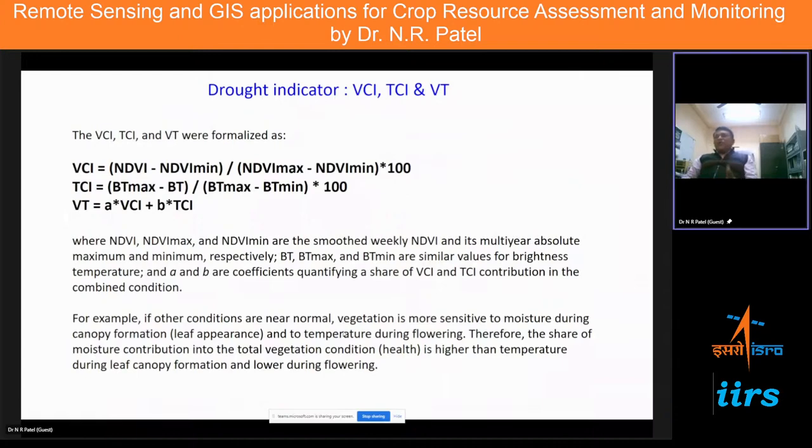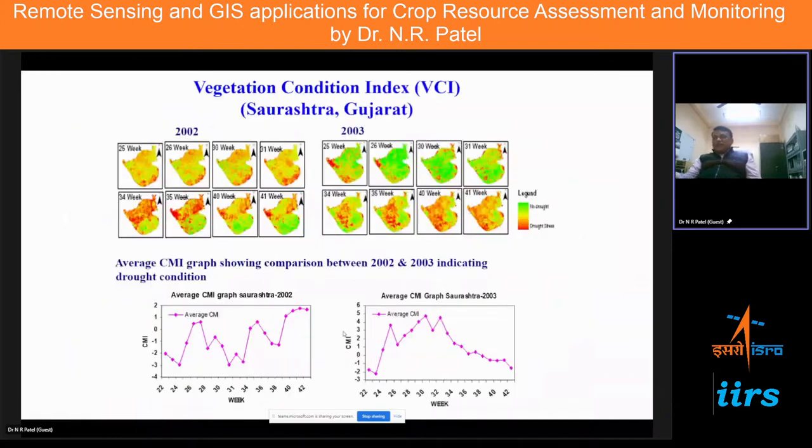Temperature regulates the reproductive process, maturity, grain formation, and flowering, all stages highly sensitive to temperature. Unless we take into account both temperature and soil moisture sensitivity, we cannot correctly capture the effect of drought on crop performance. That is why vegetation health is a good indicator.